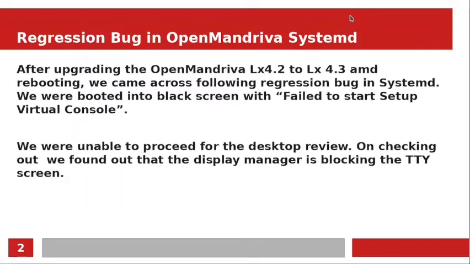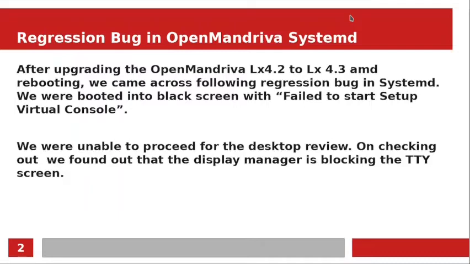We were booted into a black screen with "failed to start setup virtual console". So this is an older regression bug. It has now cropped up again in the system in all the KDE desktops using Systemd. It is there in OpenSUSE also, and in some other distributions, along with OpenMandriva.